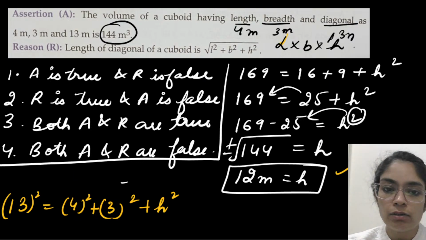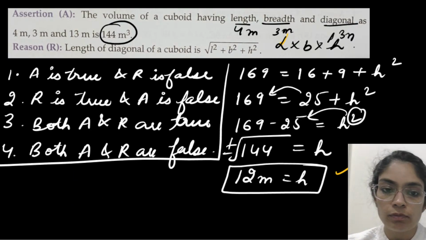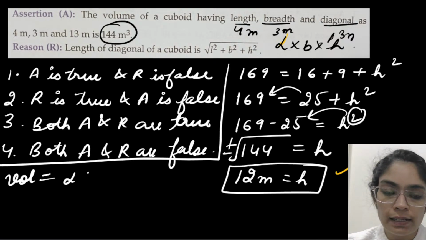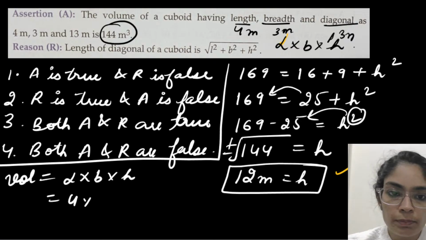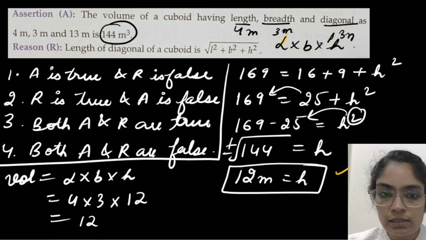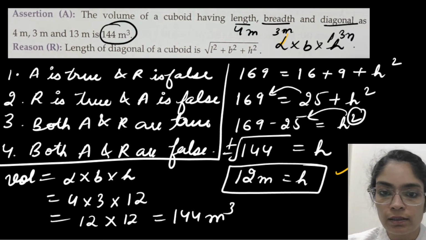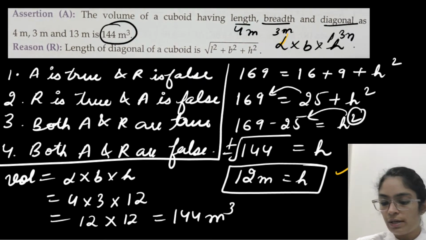Let's check the value of volume. Volume is equal to L into B into H. L is 4, B is 3, and height we found as 12. So 4 into 3 is 12. Again 12 into 12 is 144 meter cube. Yes, so assertion is also true.